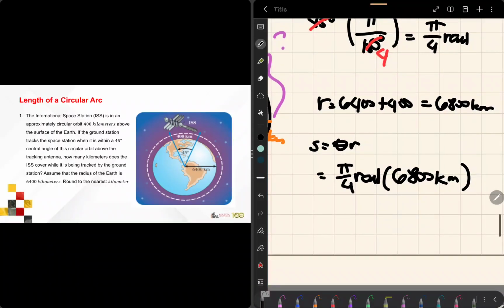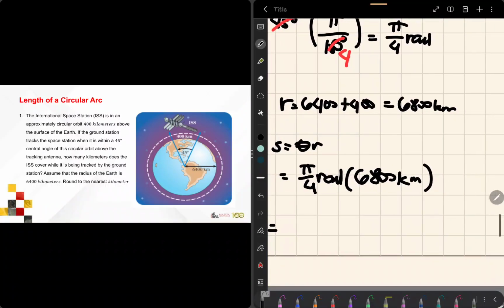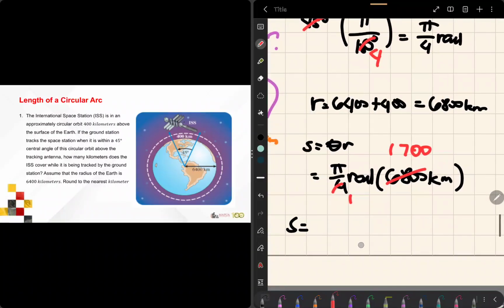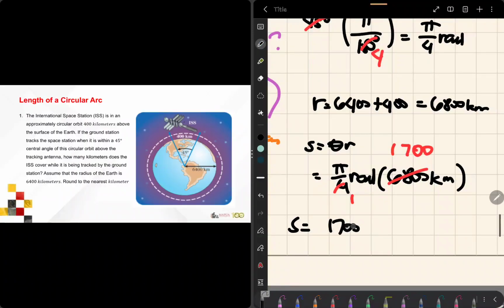So solving for our arc, we multiply 6,800 by pi over 4. When we divide 6,800 by 4, we get 1,700. So we will have 1,700 pi kilometers.